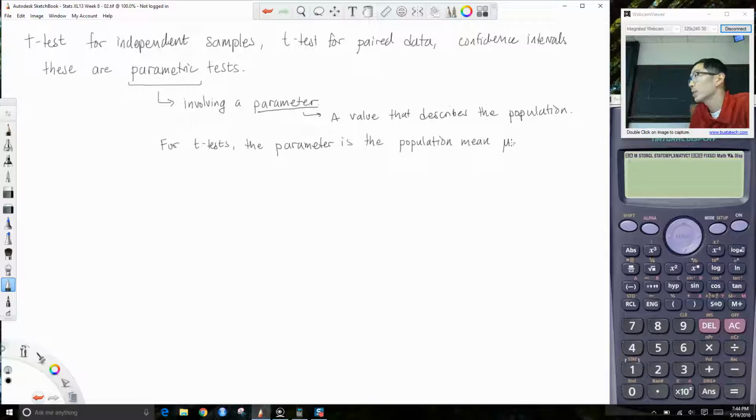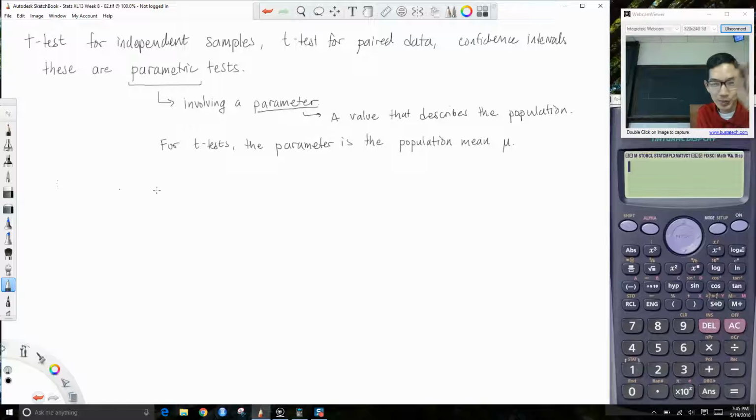At the heart, these tests, the t-test, work because we assume that the central limit theorem applies. Generally we can say the central limit theorem applies when certain conditions are met. Do you guys remember those conditions for using the central limit theorem? Okay, well, we'll back up here. Yes, n needs to be large enough.